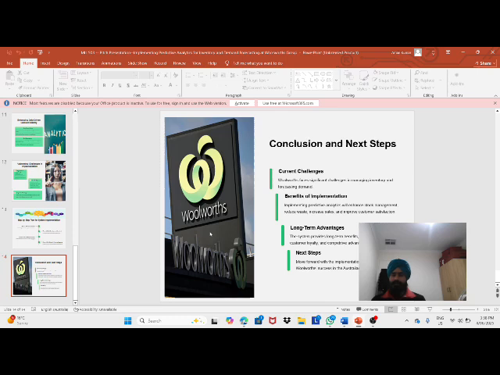And the benefits of implementation: implemented predictive analytics will enhance stock management, reduce waste, increase sales, and improve customer satisfaction.